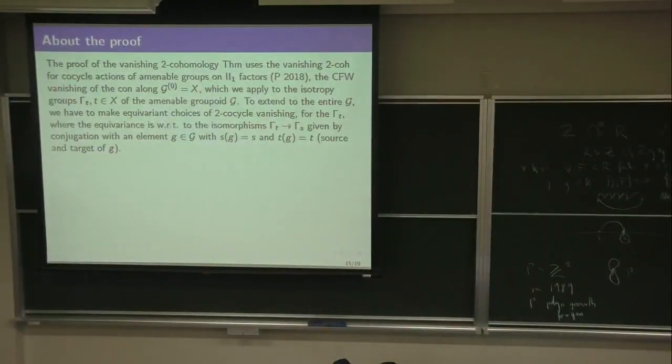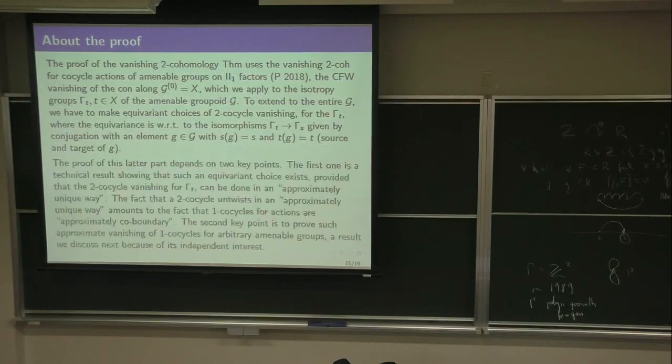So to extend to the entire G, we have to make equivariant choices of the two cocycle vanishing for the isotropy groups, where the equivariance will be with respect to the isomorphism from gamma T to gamma S given by conjugation with an element in G. And this you have to do in a measurable way.